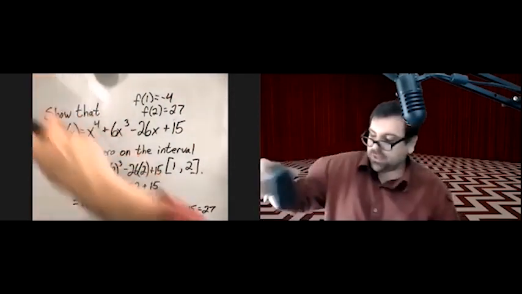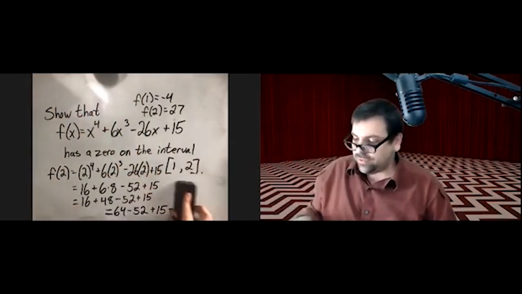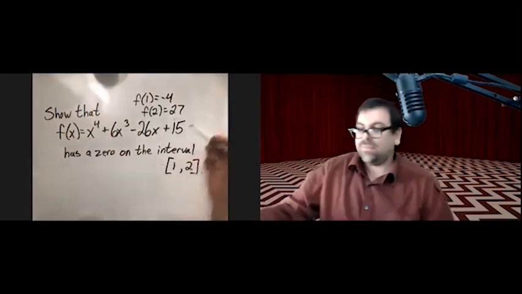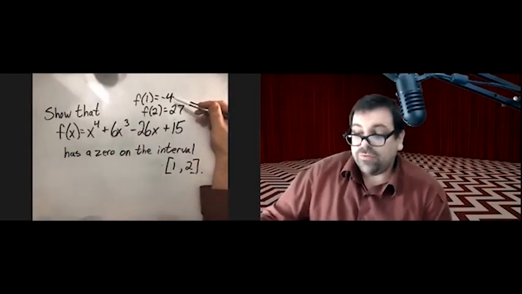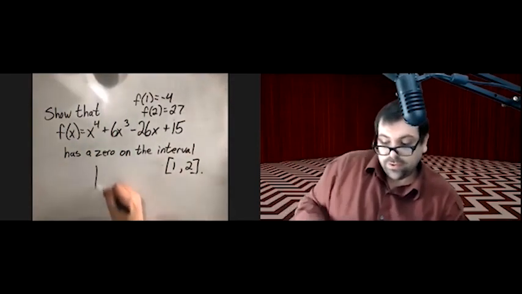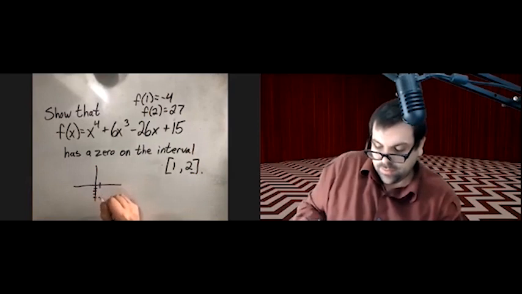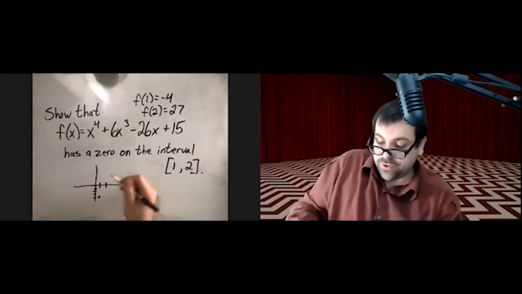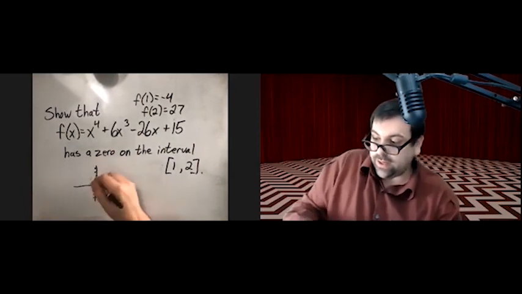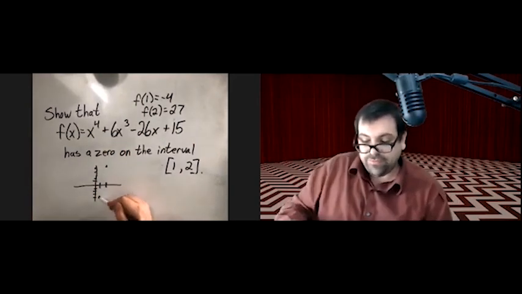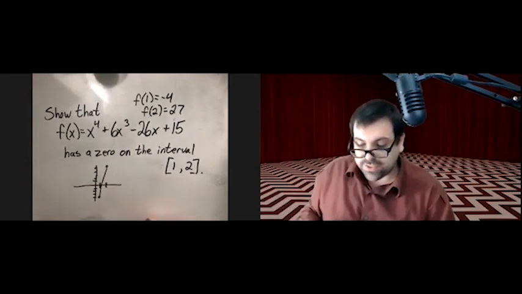So far, all we've done is plug in 1, and we've plugged in 2. F of 1 is -4. F of 2, way up there, is 27. That means to get from 1 to 2, we have to cross the x-axis.